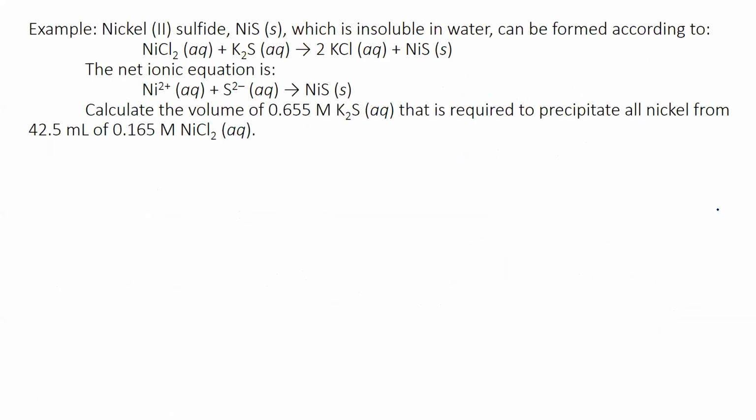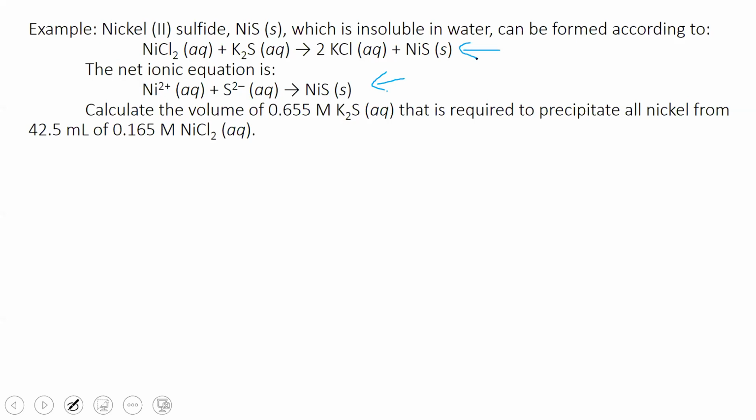So in this one, we've got nickel sulfide, which is insoluble in water. So it can be formed according to a certain reaction. So it's sort of a different way of asking the question. This reaction gives you a net ionic equation, but its molecular equation is written up here.